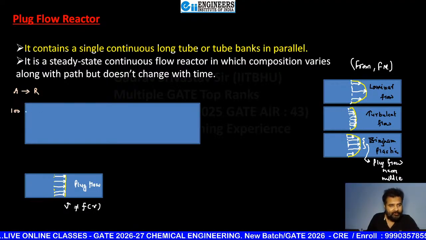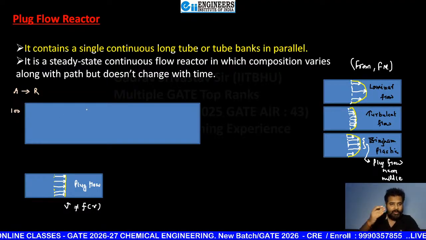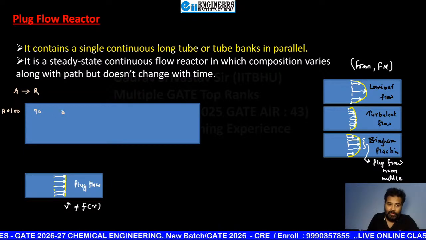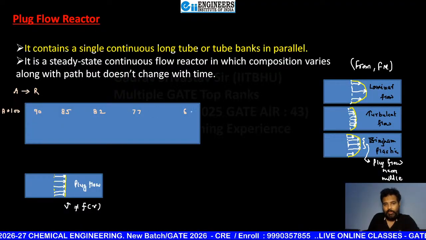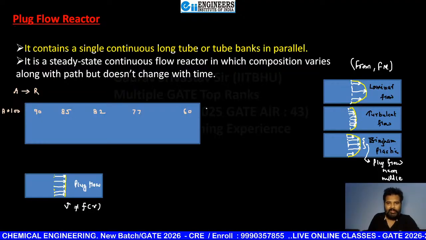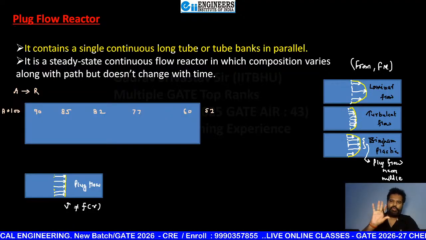When it starts flowing inside that reactor, after some path some A is converted, so now 90 A, here maybe 85, here maybe 82 A remained, here maybe 77 A remained, here maybe 60 A remained. So overall at the exit suppose 52 A remained, so 48% conversion is there, simply you can see.